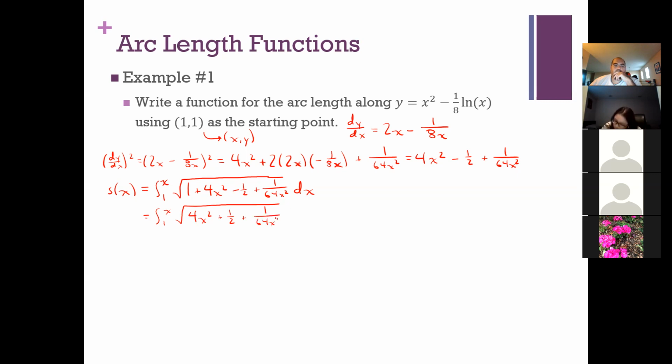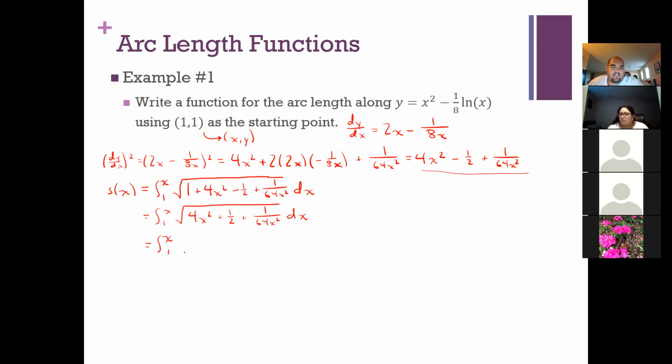Wait, isn't that the same as 2x plus 1 over 8x, the whole square? Yep. That's how I knew I had an error. If you take note of what happened when I squared 2x minus 1 over 8x, I got this trinomial here. The only difference with the trinomial I have under the square root now is that I'm adding 2x and 1 over 8x.